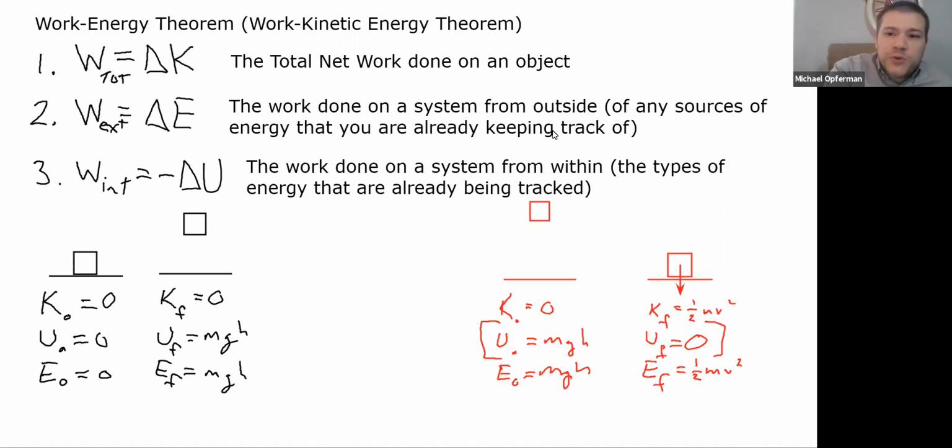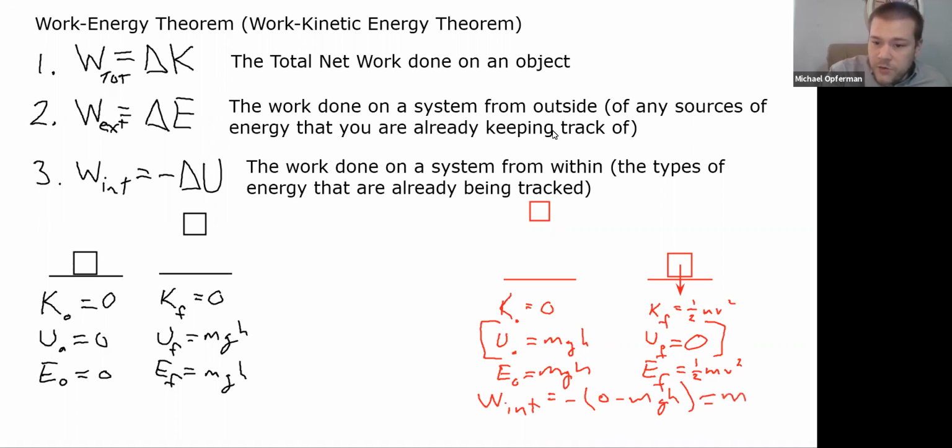So if I use principle number 3 up above, I can say that there was internal work done here. The internal work done is negative 0 minus mgh, because remember it's negative final minus initial, or initial minus final if you prefer. It's the same thing.